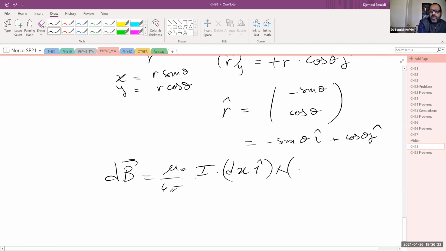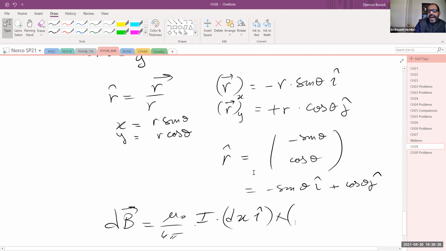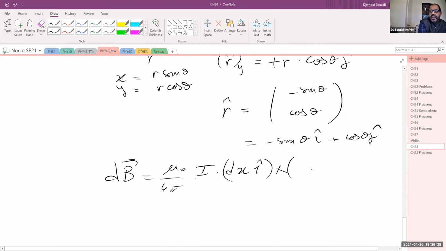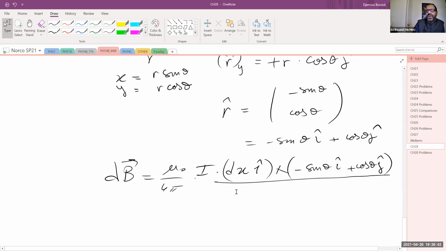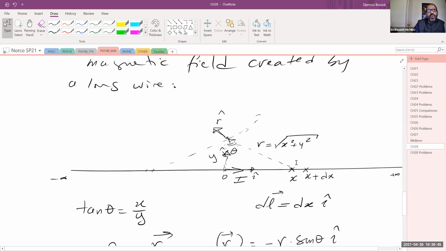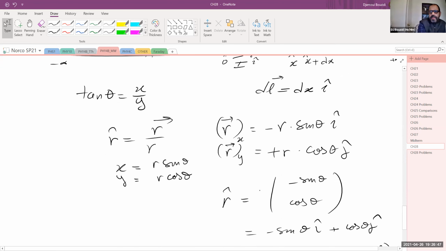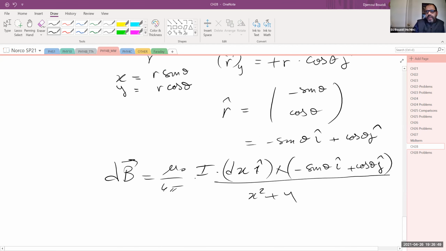Everything is good. Crossed with this vector R hat. And the vector R hat is minus sine theta i hat plus cosine theta j hat. Divided by R squared. And R squared is just the square of this number, that's all, which is x squared plus y squared.